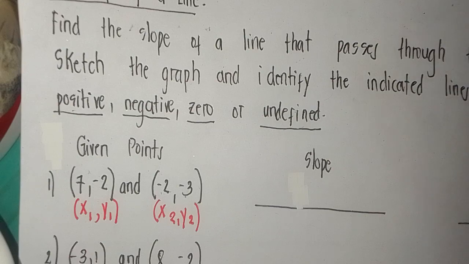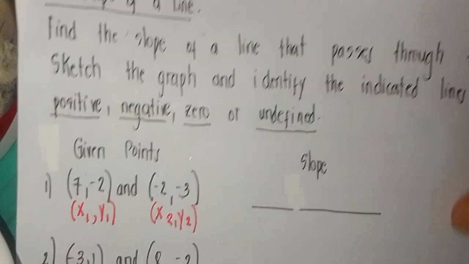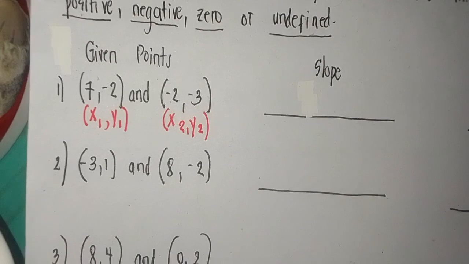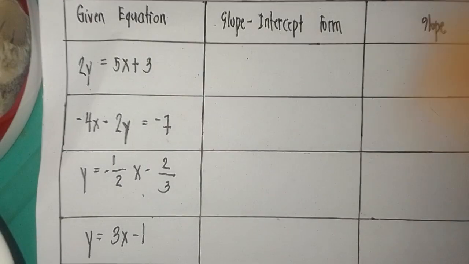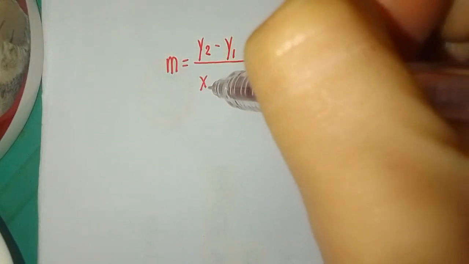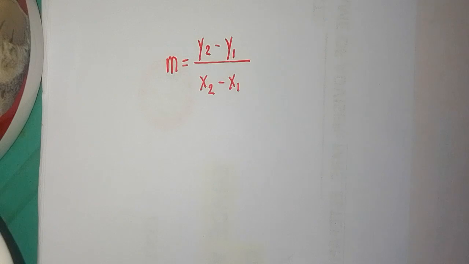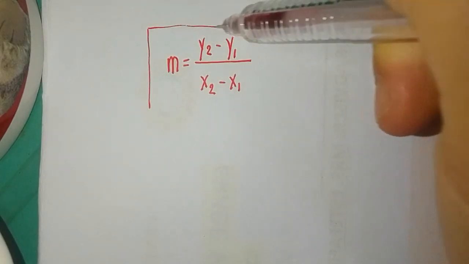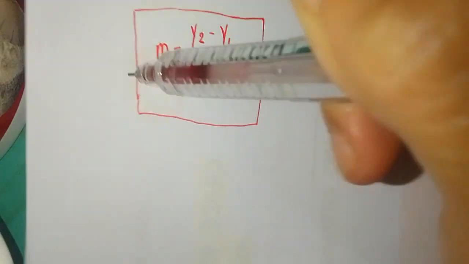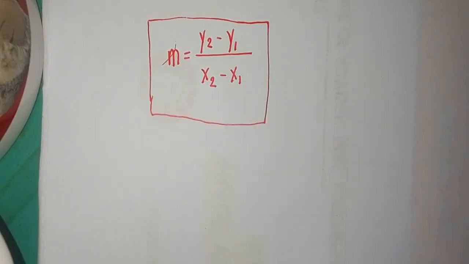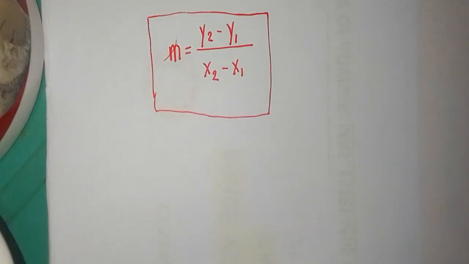Of course, using the given formula. Please remember that the given formula is m is equal to y sub 2 minus y sub 1 over x sub 2 minus x sub 1. We will use this formula or equation in able to find the slope of each given 2 points.